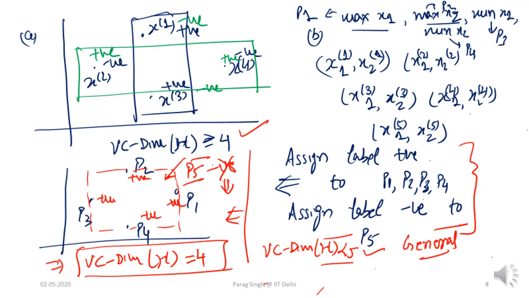And that labeling is simply this. Let us choose p1 to be the point which has the max value of the first coordinate, x1. Similarly, let's say p2 is the point which has the max value of the second coordinate, x2. Similarly, p3 is the point which has the min value of the first coordinate, x1, and p4 is the point which has the min value of the second coordinate, x2.